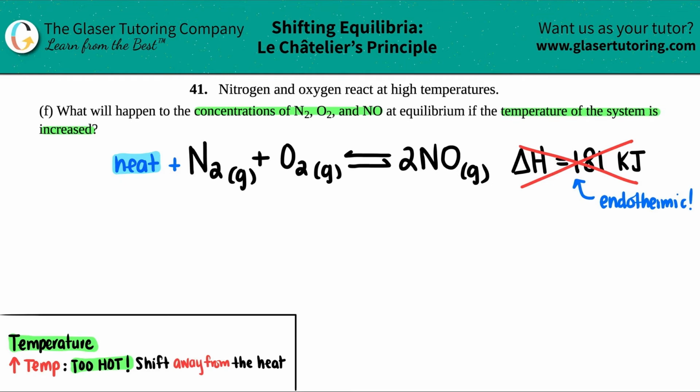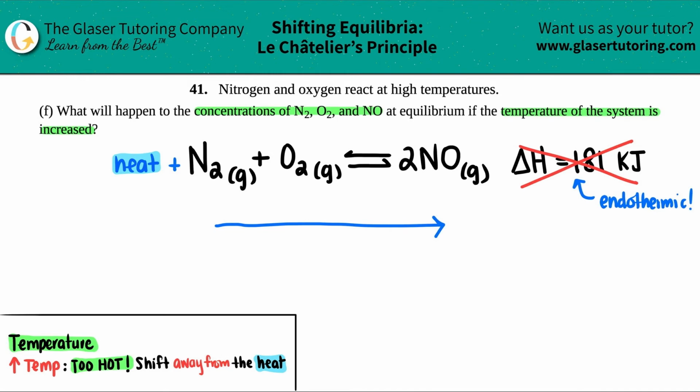So when it's too hot, I like to go away from the heat. And that's what chemical equilibria do as well. So when it's too hot, you shift away from the heat, literally the word heat. Since the heat is here, you would want to shift away from the heat. You would not want to shift towards the heat. You want to get away. So there is your shift. And that's all we need.